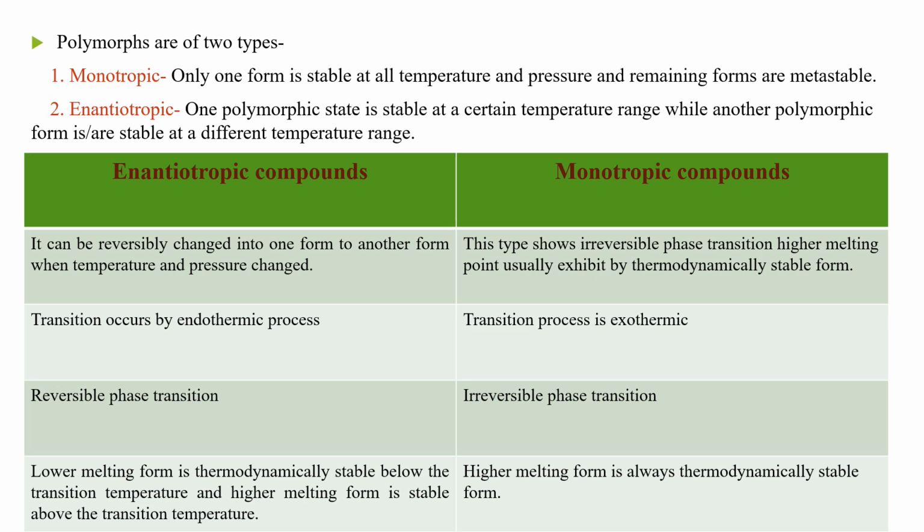And in monotropic compounds, the higher melting form is always the thermodynamically stable form, because here only one form is stable at all temperature and pressure.